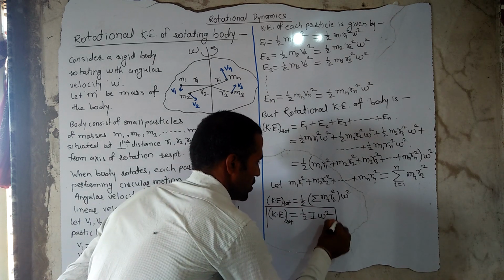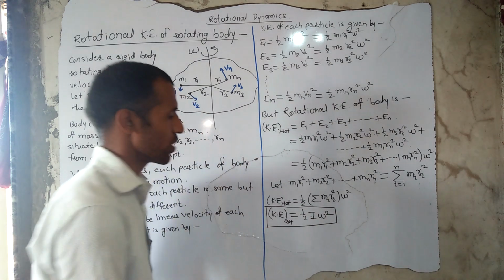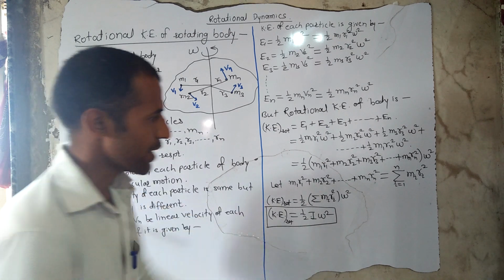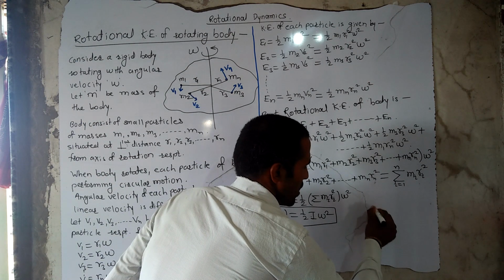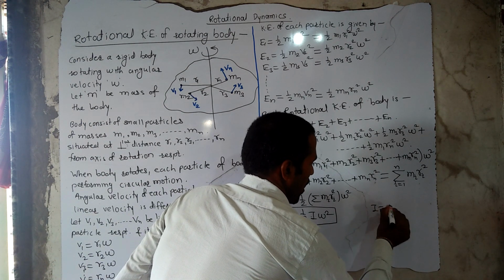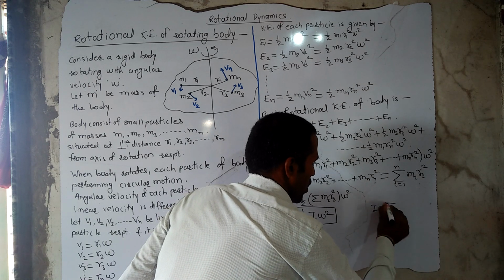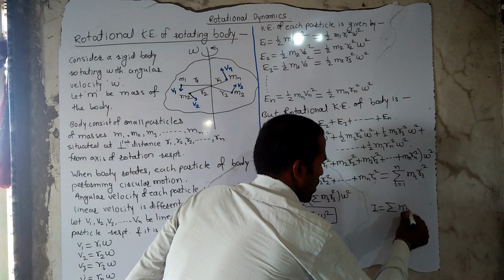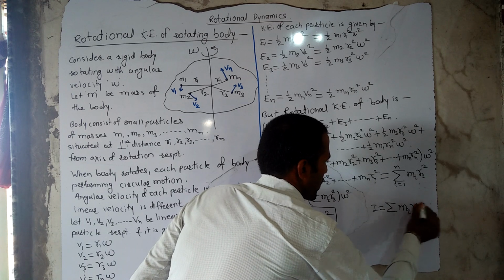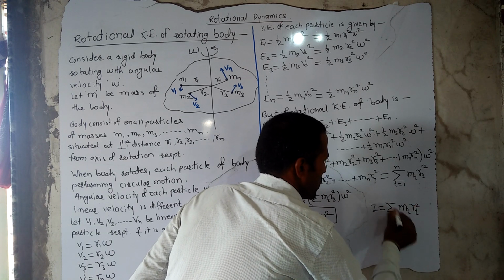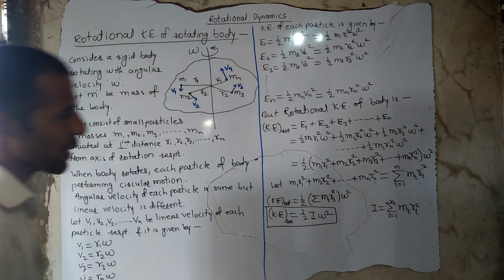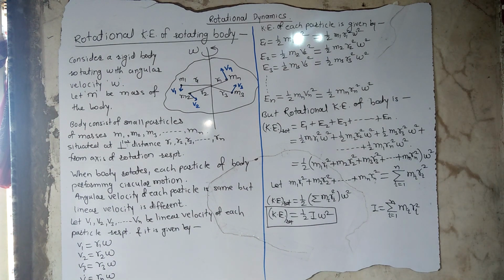Okay, this is the kinetic energy of a rotating body, where I is summation of mi ri square.